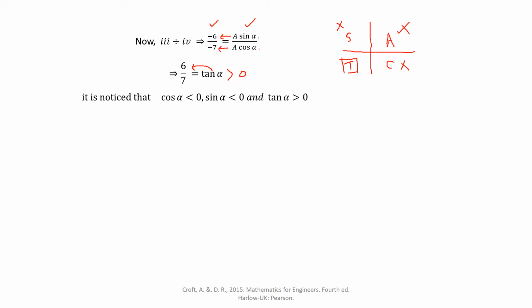So it means this is the third quadrant. Here sine is negative and cosine is also negative, and tan is positive, which suggests that the angle is here. So this is our alpha. Very simple.